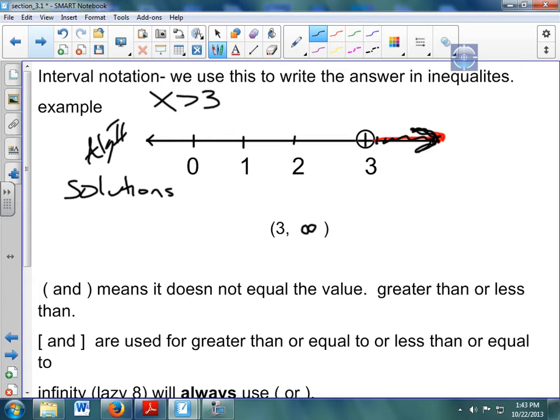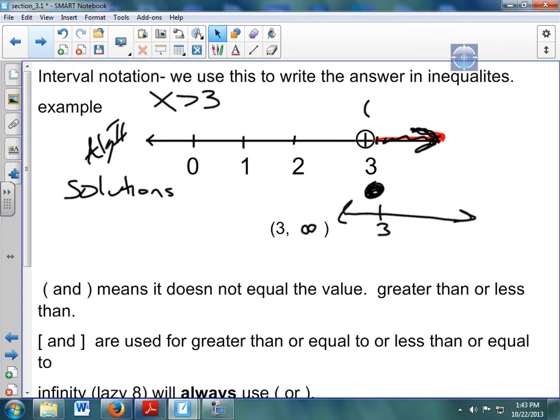Now, since this circle is open, we're going to use an open parenthesis. If it was colored in, this is a new graph underneath it. If it was colored in and went this way, it would be a bracket.